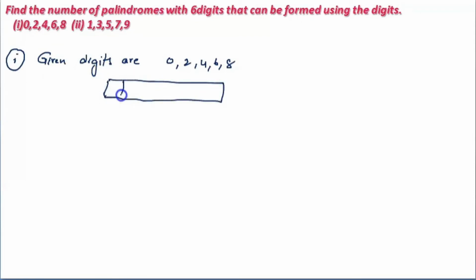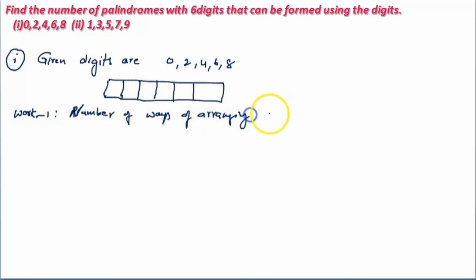6-digit palindrome: 1, 2, 3, 4, 5, 6. 6 places. First place and last place should not be filled with 0. So work one is the number of ways of arranging the first place and last place without a zero.